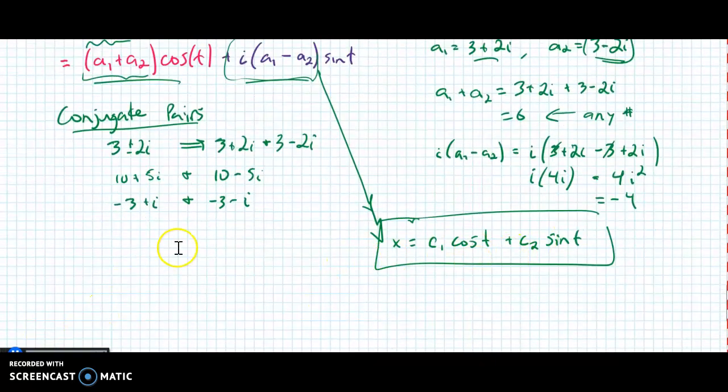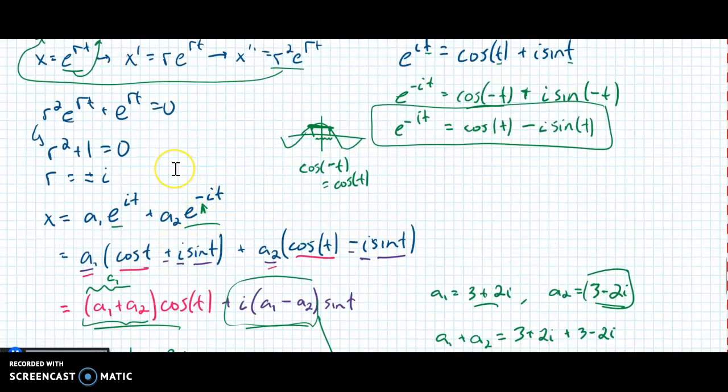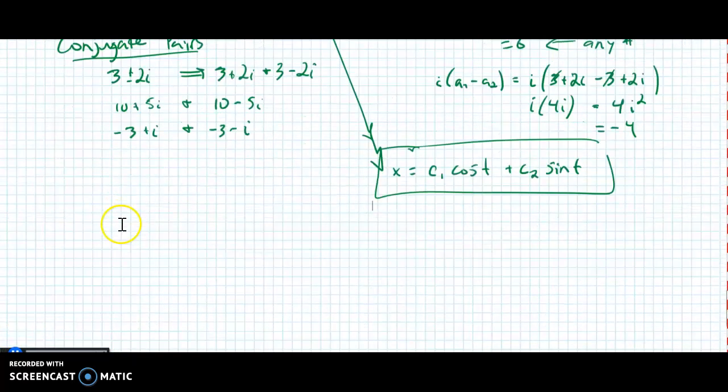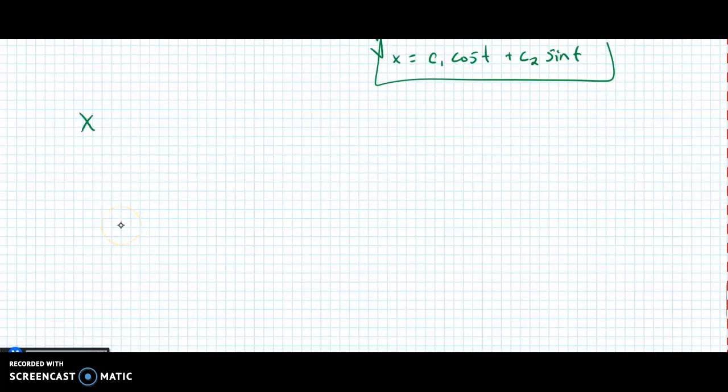Oh, actually, I'm going to say one more thing. So you may be like, man, that's a lot of work to get to whatever I did there. Well, I'm going to tell you that from here on out, if you have x double prime plus x equals 0, here are the steps that you can write. r squared plus 1 equals 0. r equals plus or minus i.